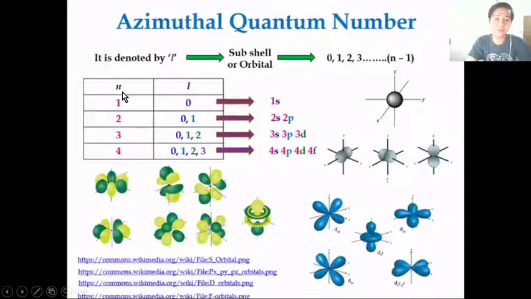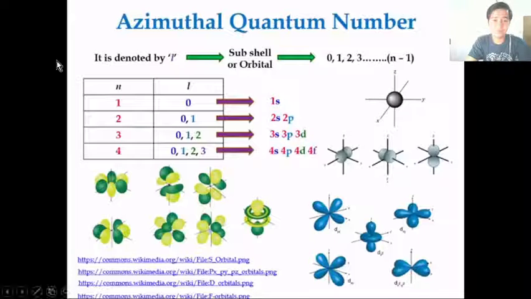Okay, so for example, if n is equal to 1, therefore the value of L is 0. Why? Because 1 minus 1 is 0. And we know that 0 is an s orbital. The symbol is s. Now, if the value of n is 2, what is its corresponding L value?